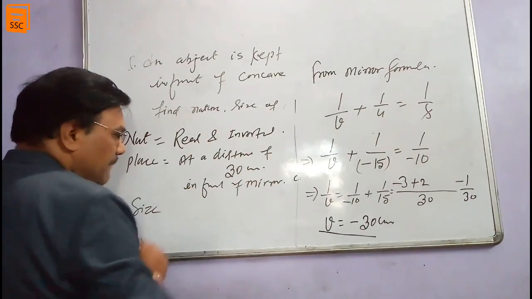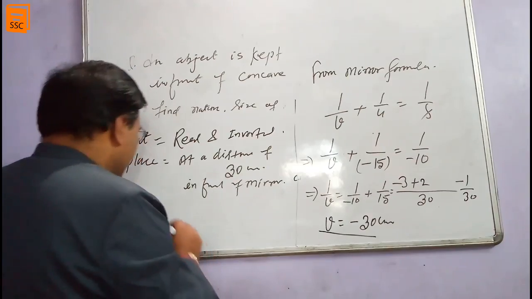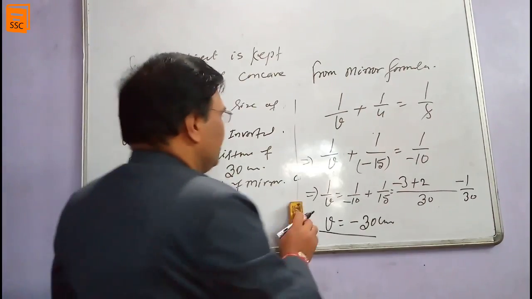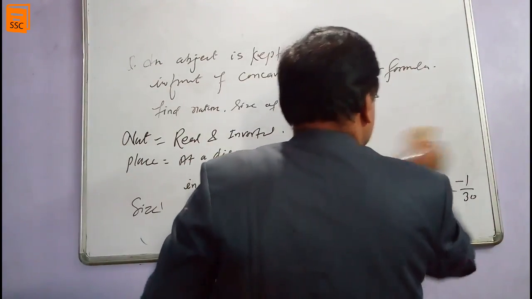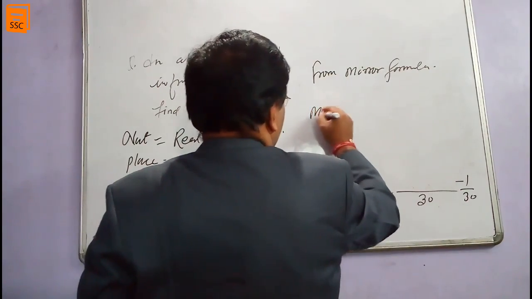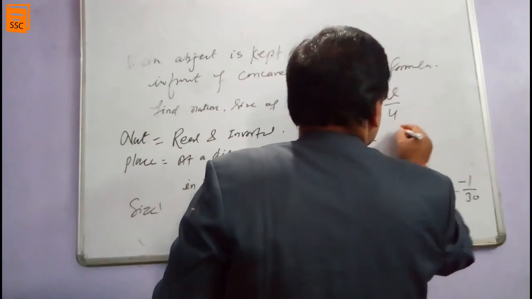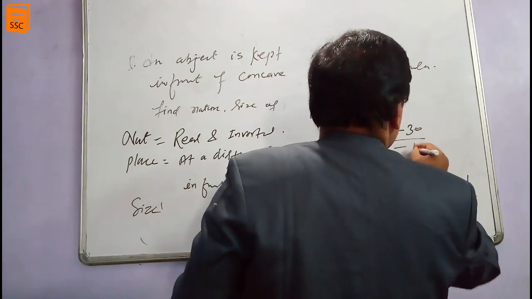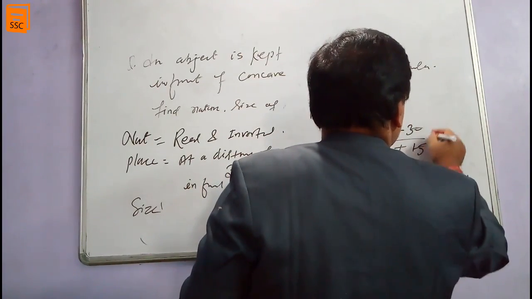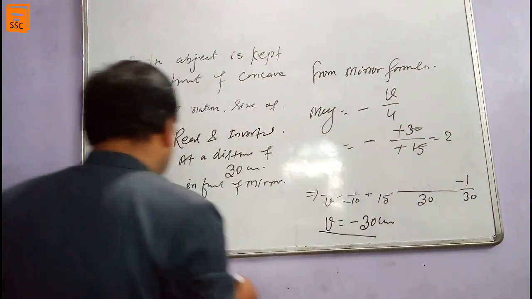For size, you have to find the magnification. First find the magnification. What is magnification? Magnification m is equal to minus V by U. So minus (-30) by (-15). The minus cancels out. 15 times 2 is 30. So 2 times.